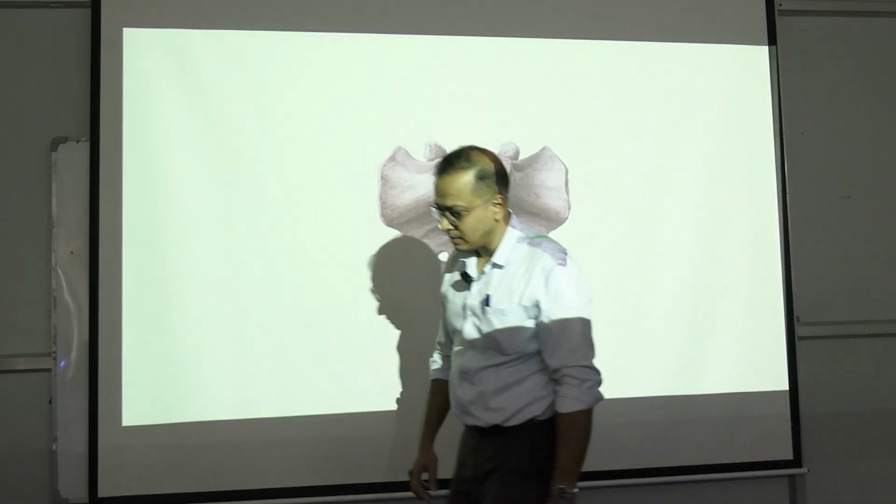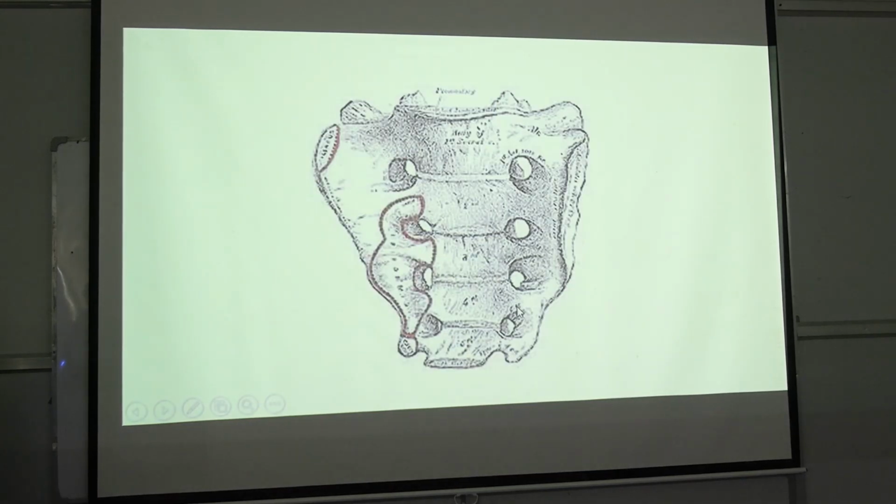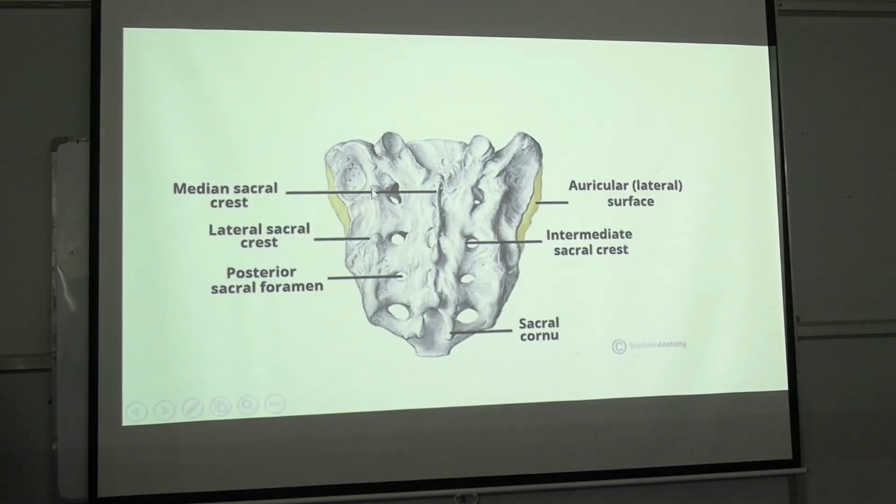Now if you see the next image, we mention a word about the sacral hiatus. What is a hiatus? Here we are seeing the posterior side of the sacrum bone, which is rough compared to the anterior side. It has bony ridges. It also has foramina here, 1, 2, 3, 4, 5, 6.